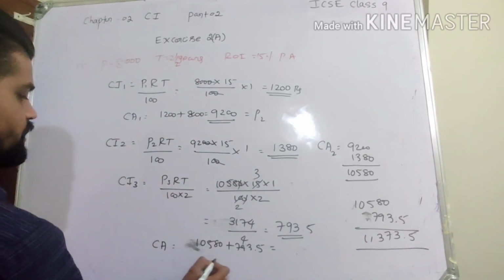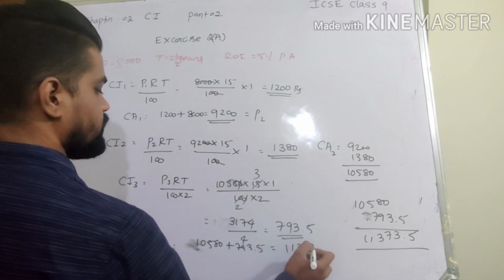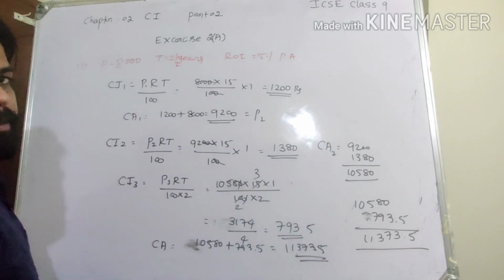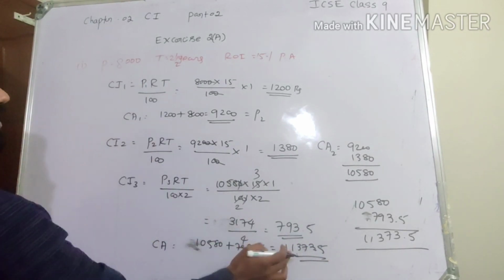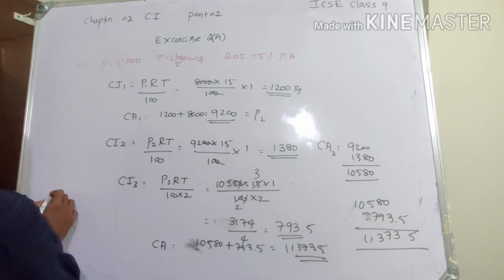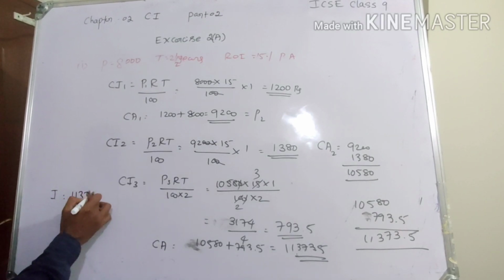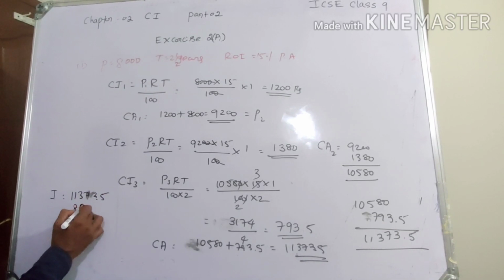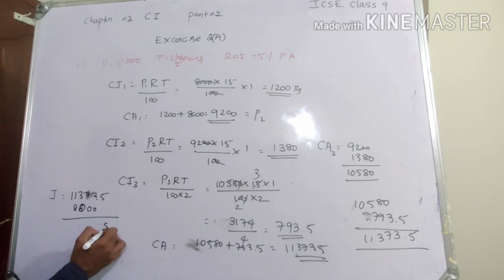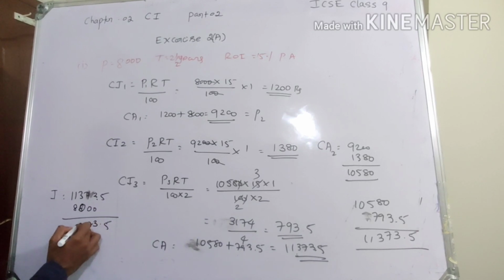So it is 11,373.5. Okay. Now compare that with the principal. So the interest is going to be 11,373.5 minus 8,000. So it will become 3,373.5. That will be the interest.